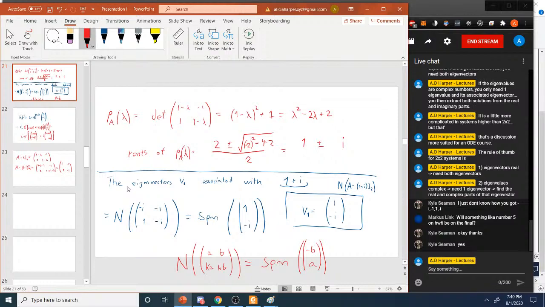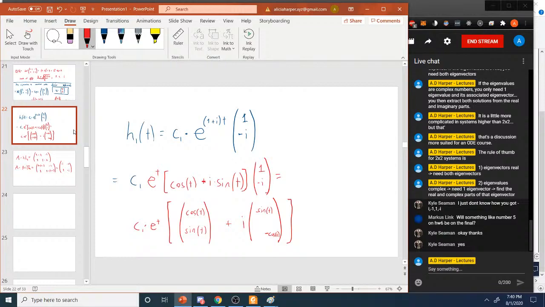I'm just using this trick. And this gave me the eigenvector V1, where the first component is 1, the second component is negative i. And then I took the eigenvalue, and I took the associated eigenvector, and I wrote down this function.